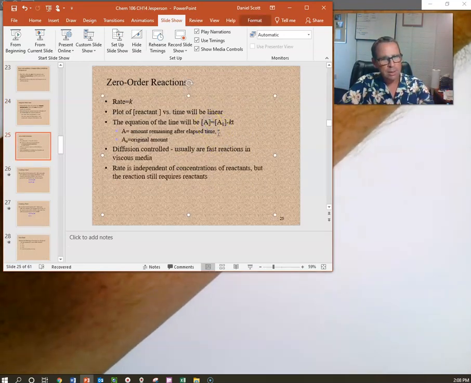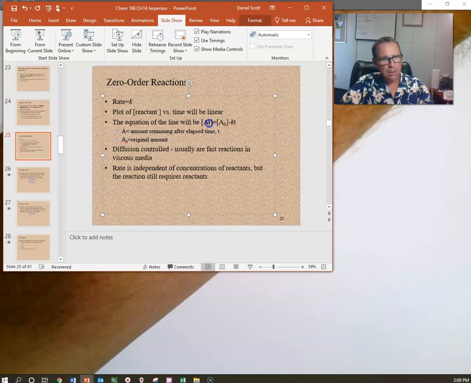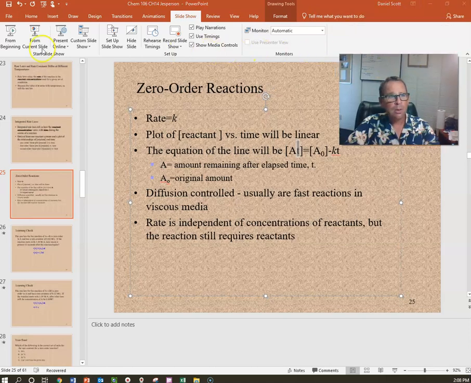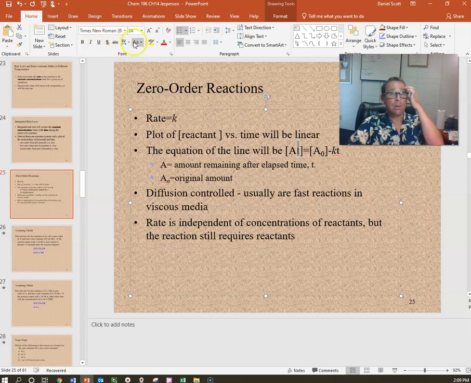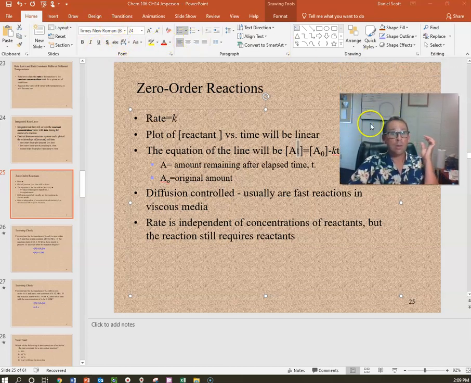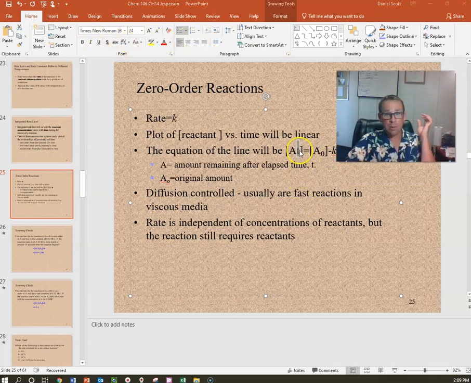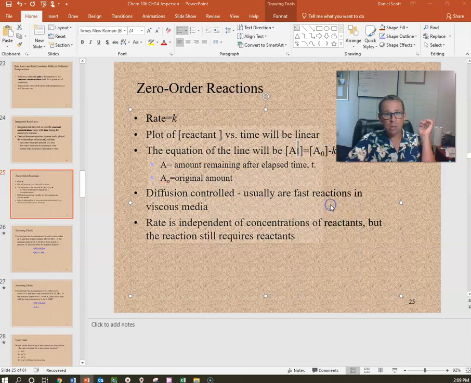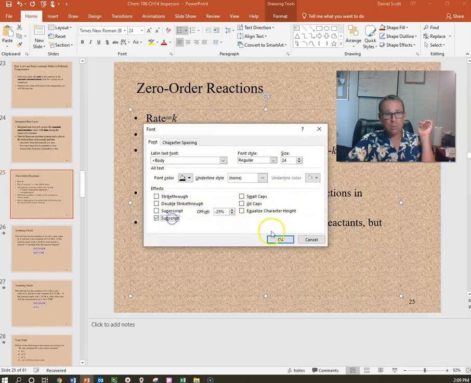So it's a little t, meaning that concentration at this time, let's see, I don't have it on here, so I got to right click here. Sorry about this. I'm going to change the format here, or the font. There we go, subscript, right?